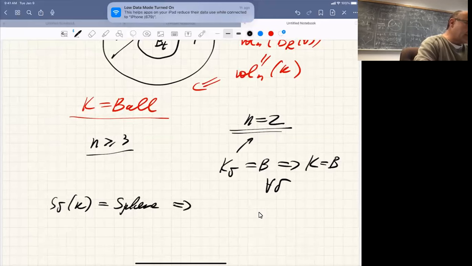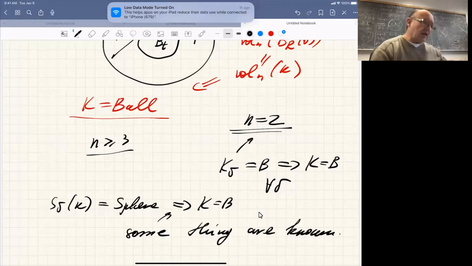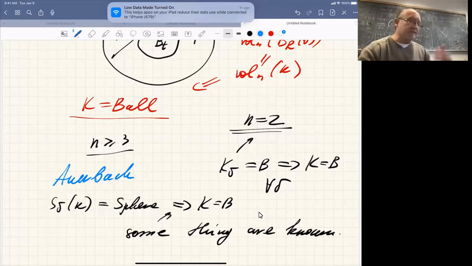Not everything, some things are known. I just don't want to enter, it would take half an hour. Auerbach proved the first. He was the first. I always have to mention his name. Auerbach constructed a counterexample for half, and then the business started developing, but not much is known.